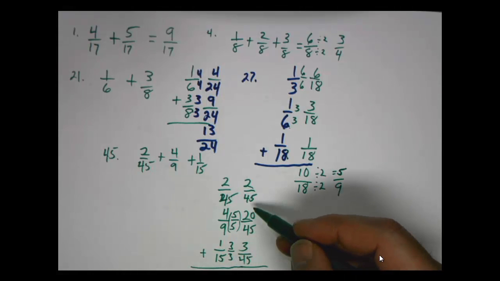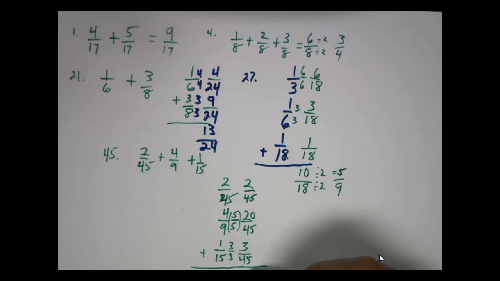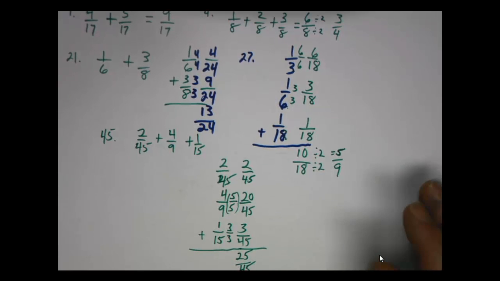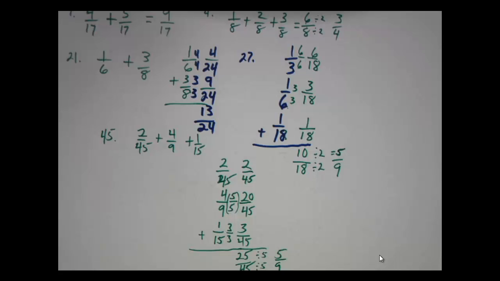Now, since I have common denominators, I'm going to simply add up all the numerators. 2 and 20 is 22, plus 3 gives me 25/45. Since they're both multiples of 5, I'm going to divide the top and the bottom by 5. So we get 5/9 when we simplify that problem.